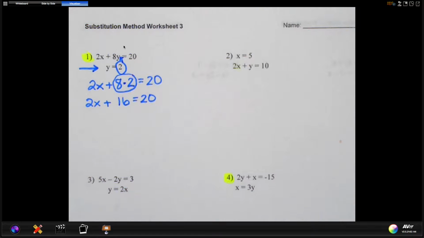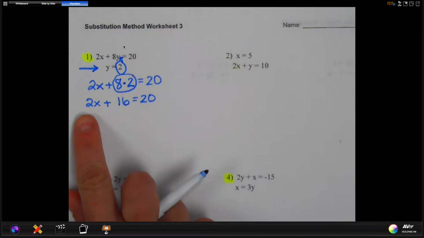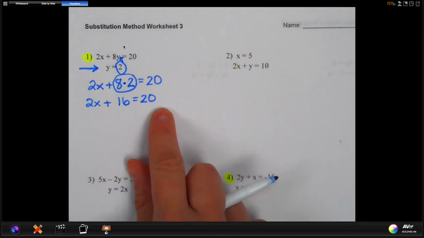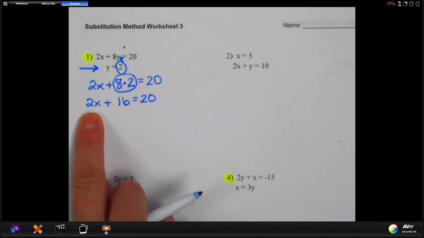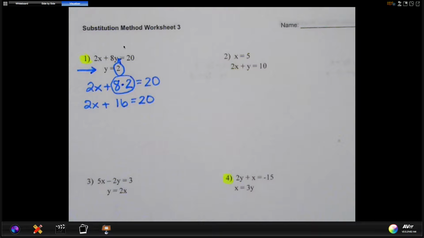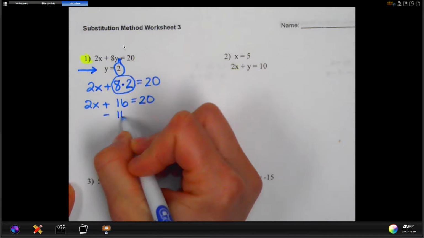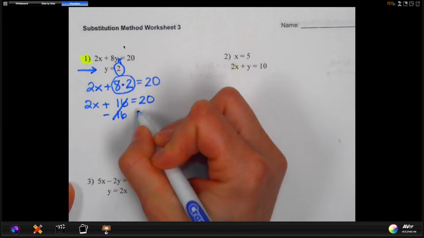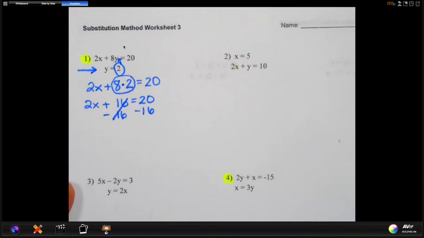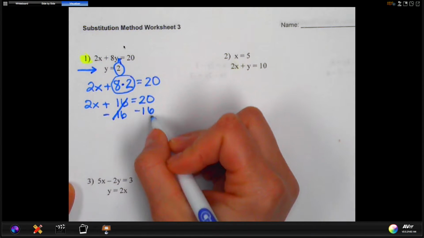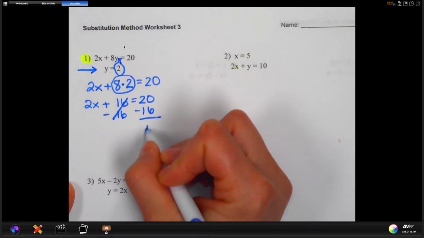All right, and so now we look at it, once you get it down to where you have 3 terms and only one of them has a variable on it, it's going to be solved in the same way. We're either going to add or subtract first and divide second. So we're going to undo the plus 16 by subtracting 16 here and canceling it. Then we'll subtract it on the other side and get 20 minus 16. Well, that's going to give us 4.